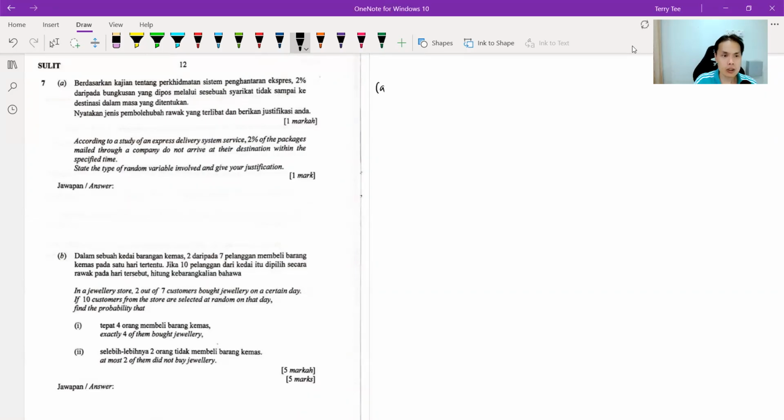So in this case, we are talking about the number of packages mailed through a company, right? So it should be a discrete random variable. The number of packages is discrete. It's not measurable, it's countable. Continuous are measurable, discrete random variables are countable.